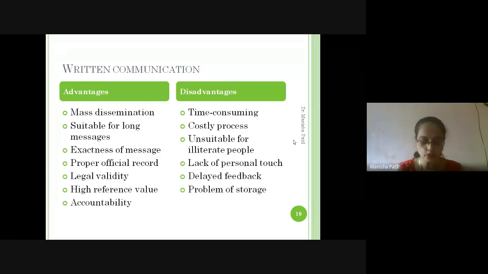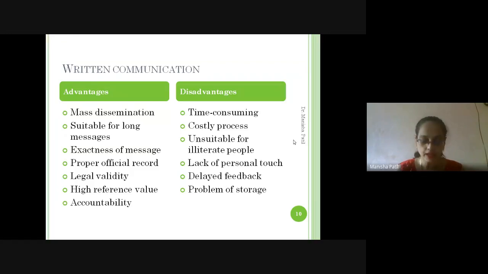Next, as I told you earlier, there is problem of storage. When it is oral communication, you utter the words. What is word? What is oral communication? It is sound. So it disappears in the air.